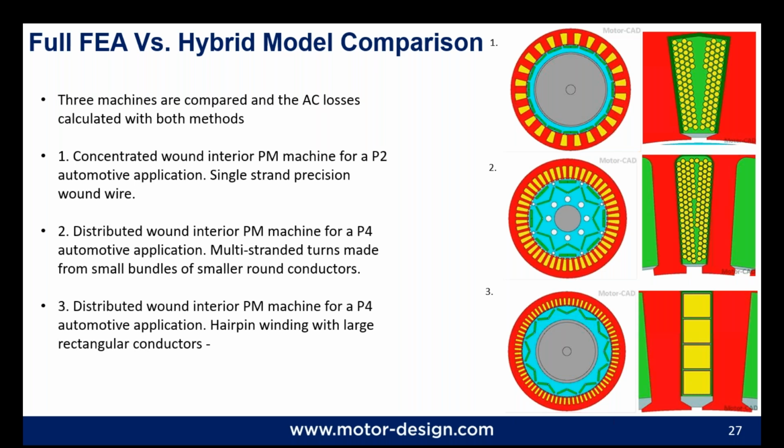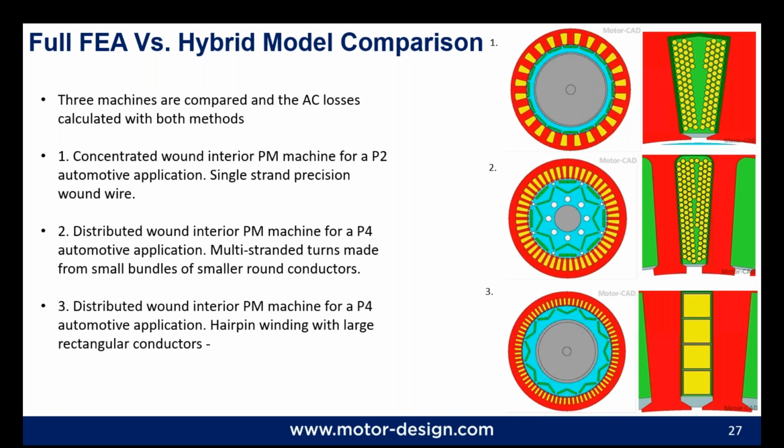The first machine type we look at is a concentrated wound interior permanent magnet machine for a P2 plug-in hybrid or hybrid electric vehicle application. In this case, it's a machine that probably has a segmented stator, and it's got precision wound coils around the tooth and a single strand per turn.